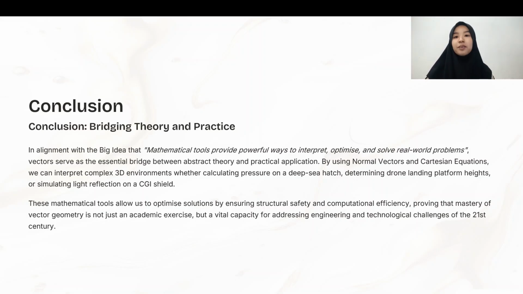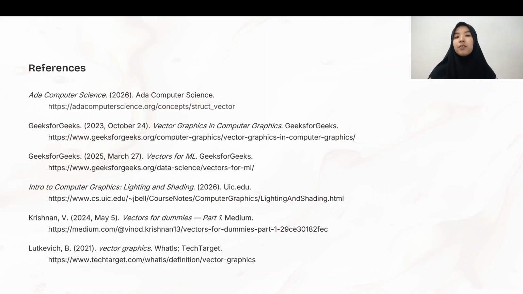So in this presentation, it's about how we use the normal vector and Cartesian equations in the digital world, to interpret complex 3D environments and simulate light reflection on CGI sheets. And these are some of the references that I used for research and for making my writing and my presentation.